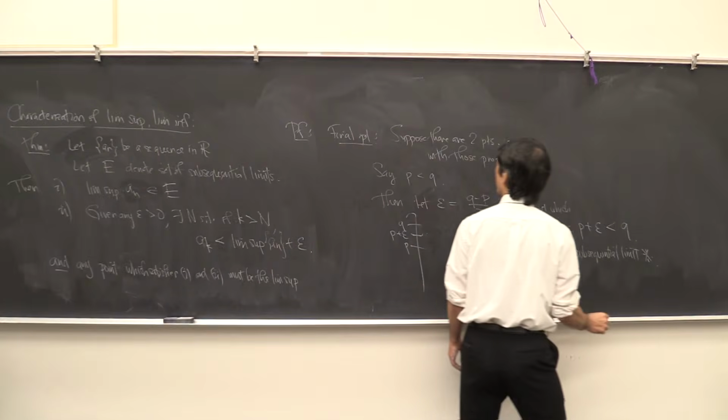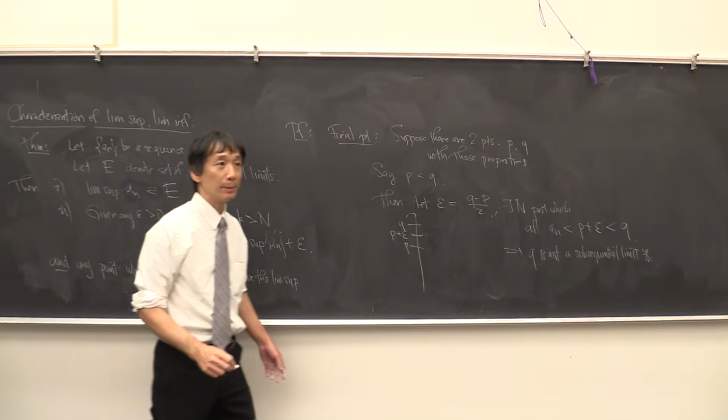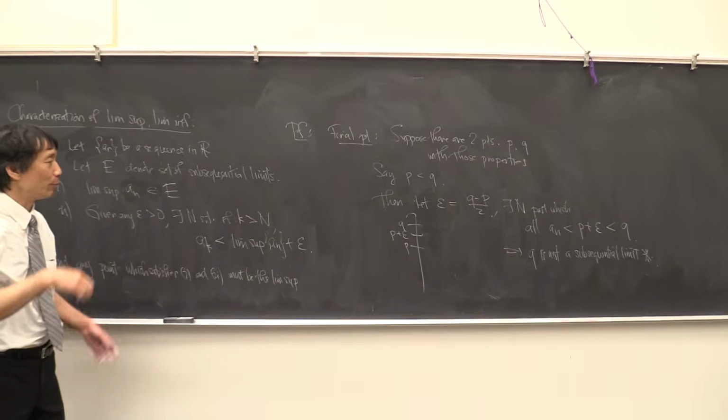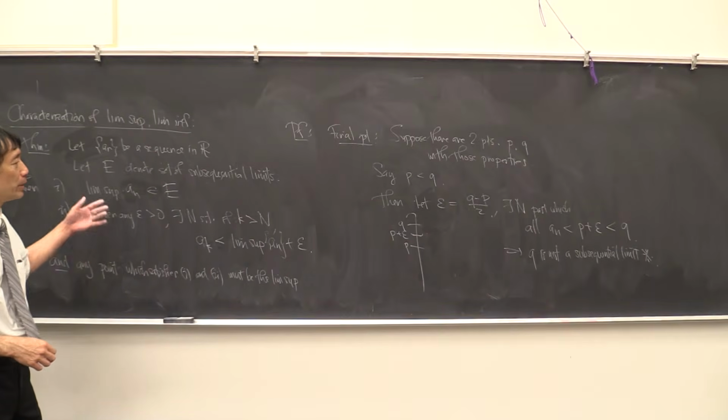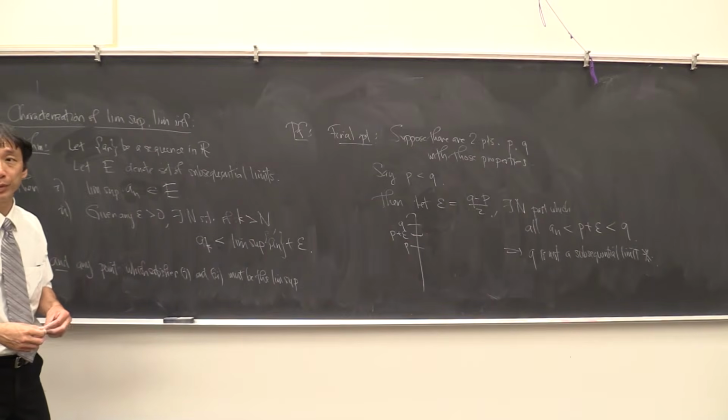Contradiction. Okay, so there can only be one point with this property, and we'll see that it is the lim sup.